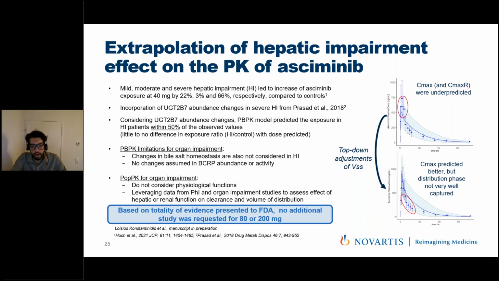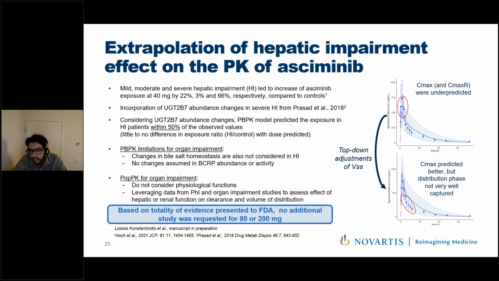Now, additional work by our pharmacometrics colleagues was also performed using PBPK analysis to address the hepatic impairment effect on the PK of asciminib, and eventually, considering the totality of the evidence presented to the FDA, there was no additional study required at 80 milligram and 200 milligram, of course considering the safety profile of the drug.